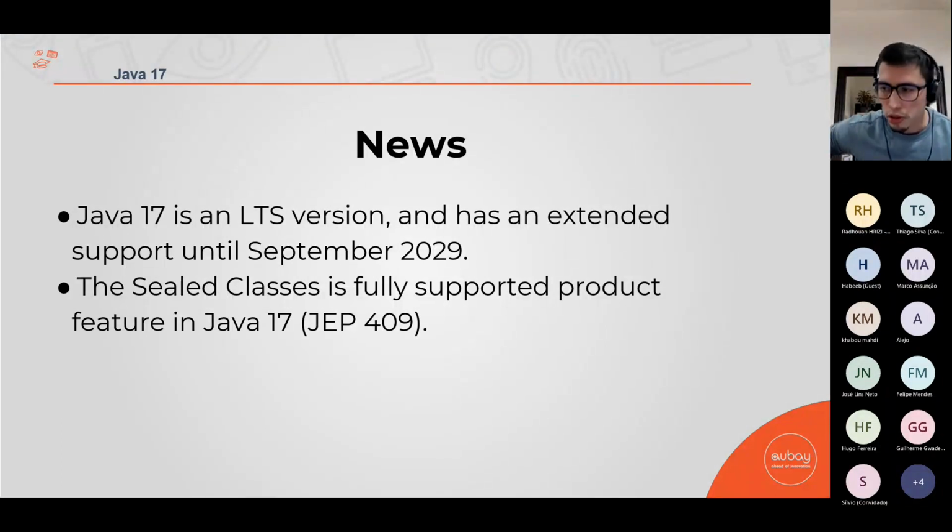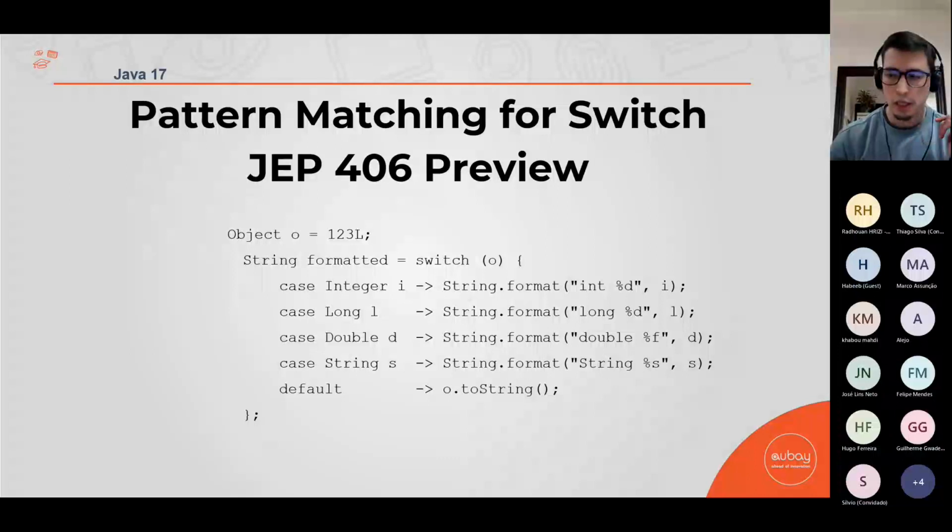But I will show you now some features that are in preview, so you should not use them, at least not in production. So we have pattern matching for switch, okay? You can use pattern matching for instanceof on Java 17 in production, but for switch, I think it's not recommended, okay? Because it's a preview feature.